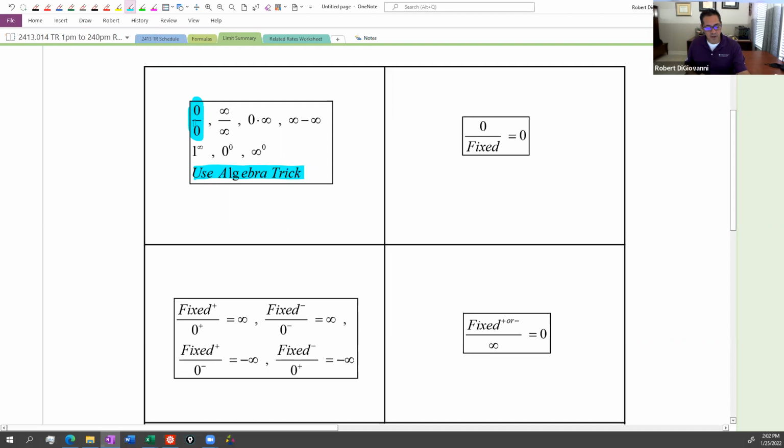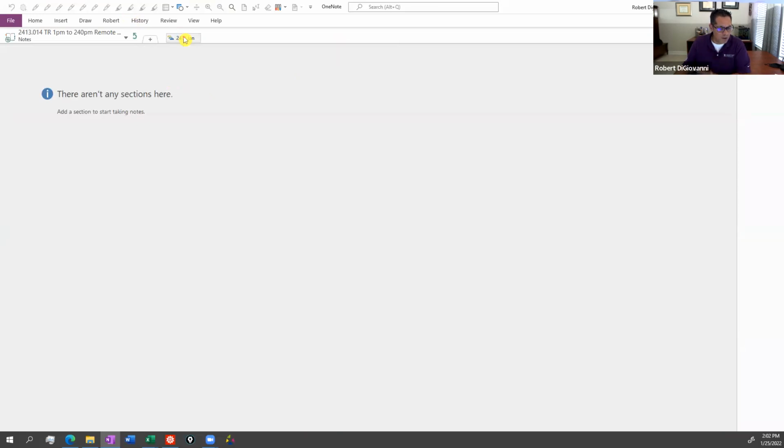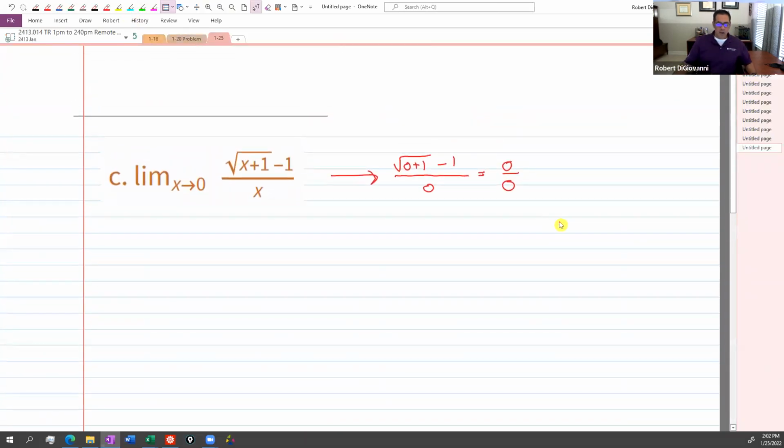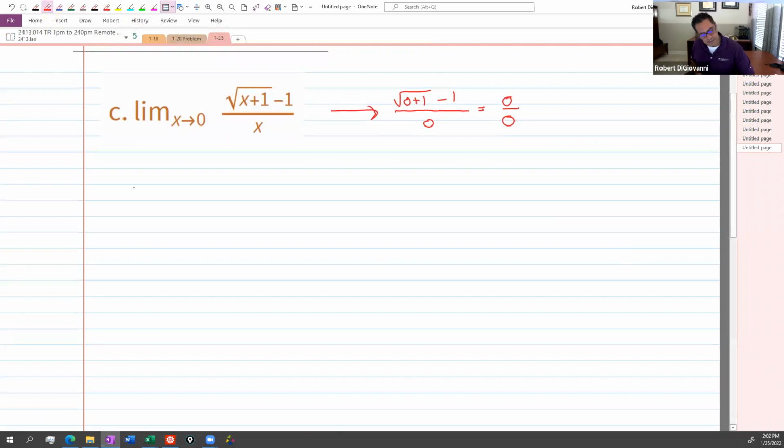From looking at this little cheat sheet, you can see we have a lot to do still. We have to look at all these different scenarios that could happen and how we handle them. We are just at the tip of the iceberg here. We're only dealing today with this situation. I have not shown you this sheet yet because we're not quite ready for it, but I want you to know it's there, so you will have something to refer to and remind you what to do. All right, so 0/0, algebra, here we go.